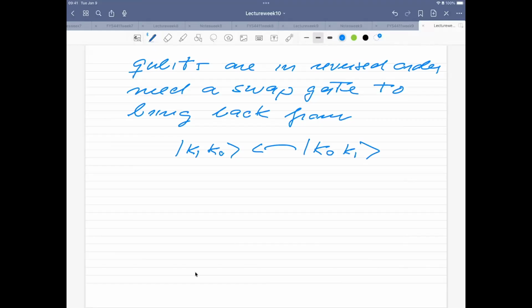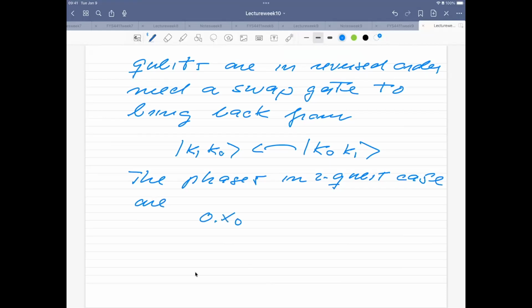So each qubit, when we look at the expressions, if we look at the phases, let me just add this, the phases in the qubit, in the 2 qubit case, are 0 with x0, which is the same as x0 divided by 2, and then x1, x0, which is x1 divided by 2 plus x0 divided by 4.